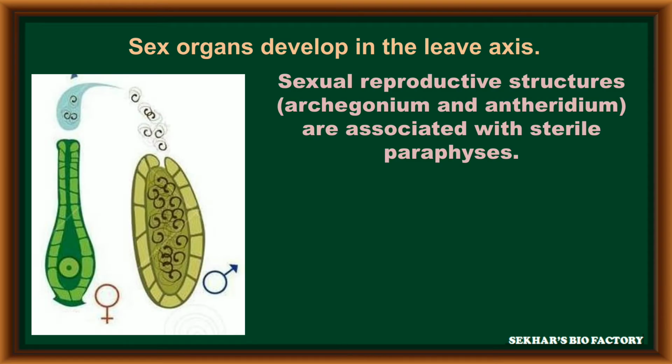These sexual reproductive structures are the antheridium, which is the male reproductive organ, and the archegonium, which is the female reproductive organ. These are generally associated with sterile structures called paraphyses.